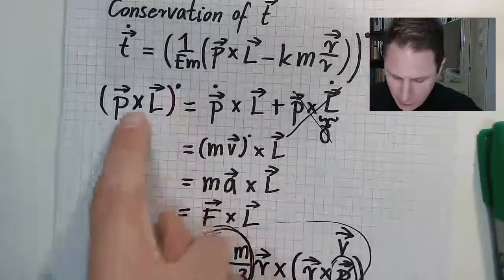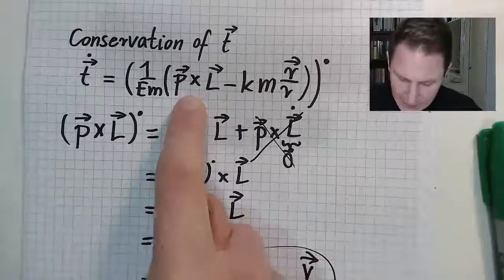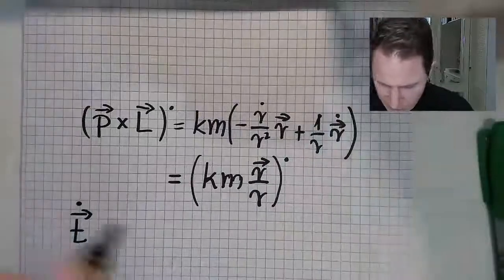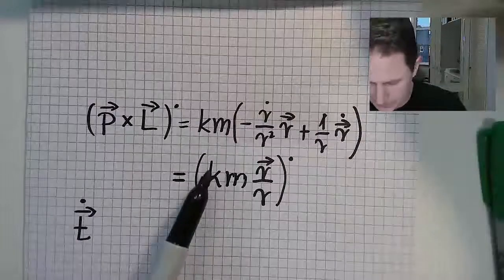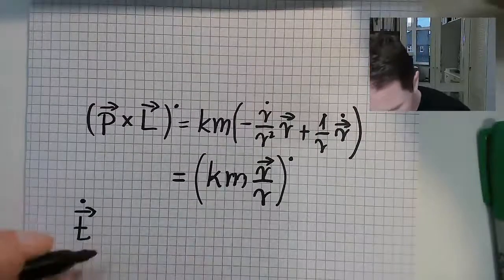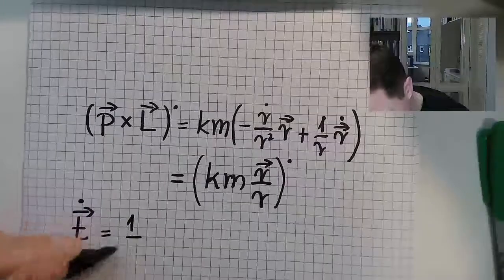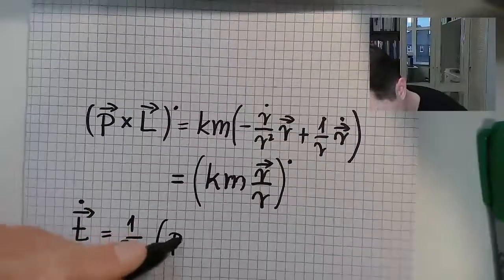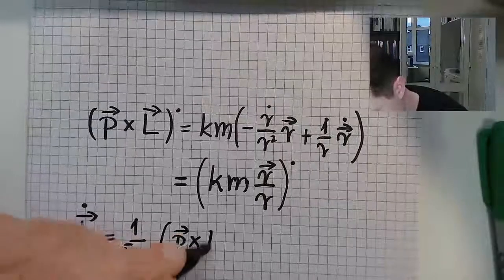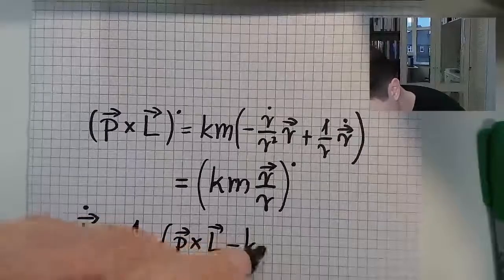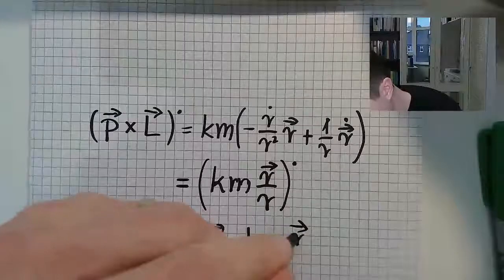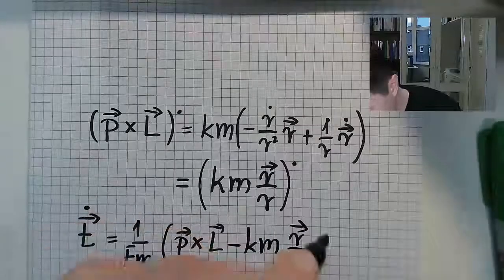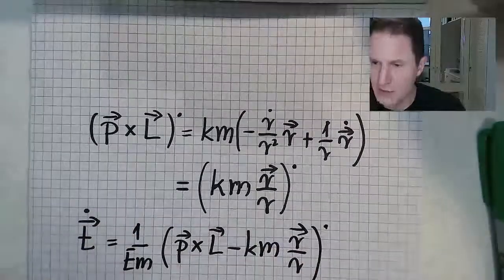But the rate of change of P cross L was exactly equal to, in the end, we found the rate of change of this other term in T. So let me just write that down. 1 over EM times P cross L minus KM multiplied by the vector r divided by its length and the rate of change of that.